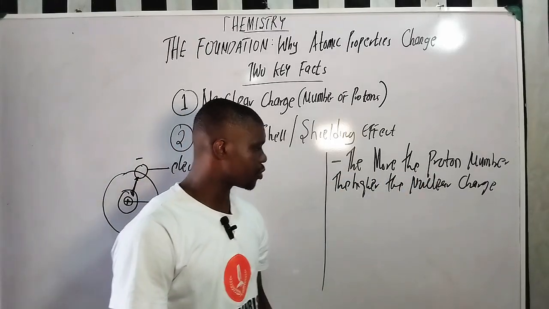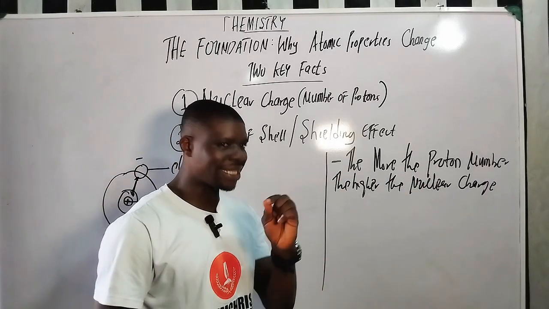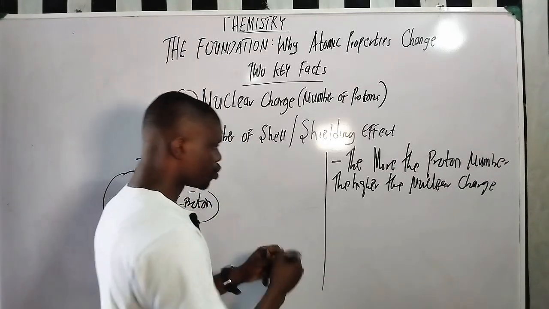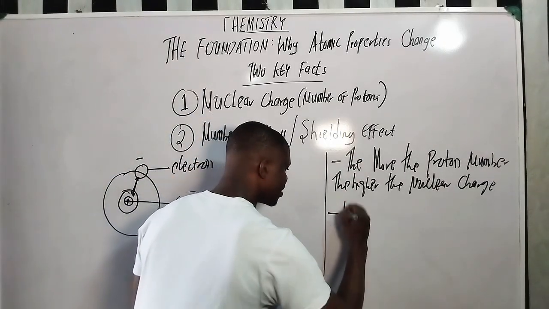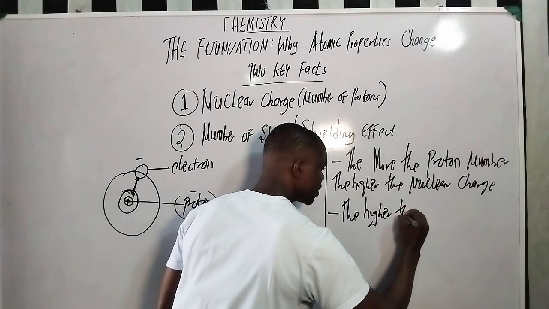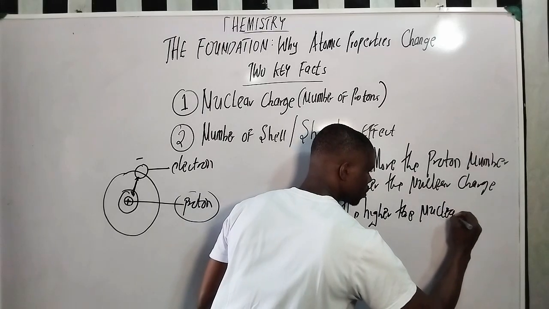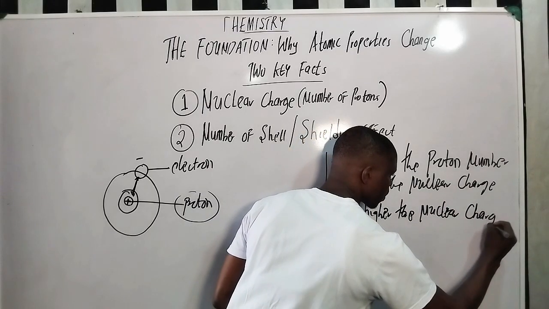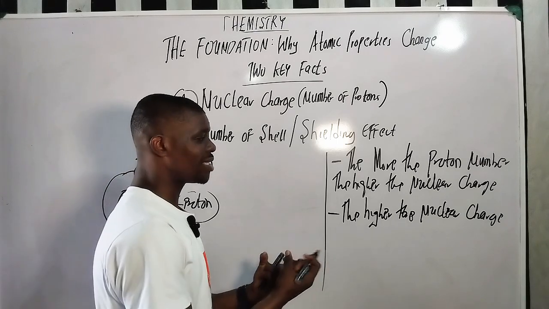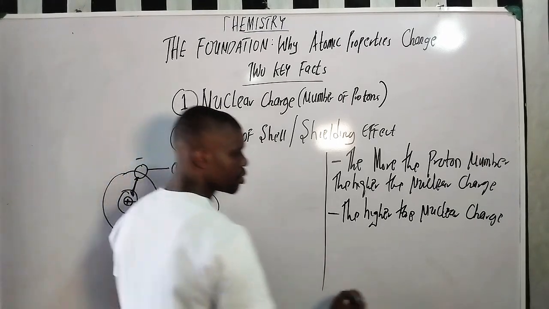The more the proton number, the higher the nuclear charge. Another thing is that the higher the nuclear charge, the smaller the size. So the higher the nuclear charge, which we call the attractive force, the smaller the size of the atom.